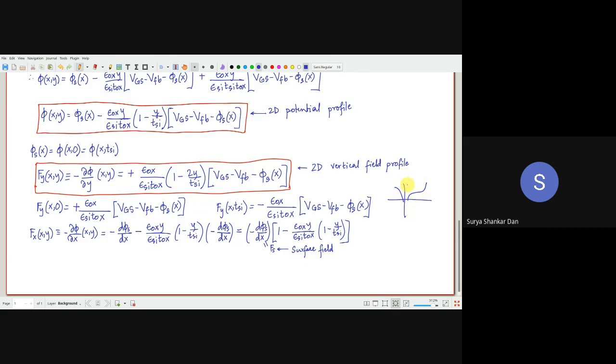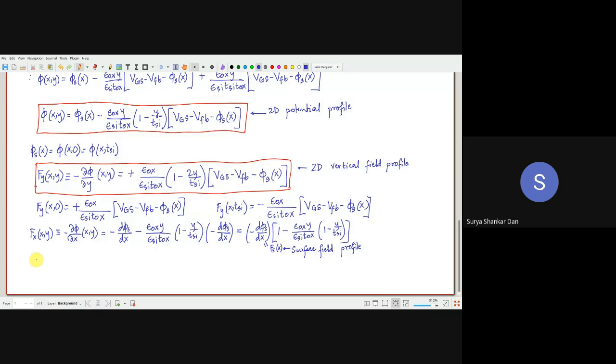In that charge modeling for the MOS capacitor, it was related to F_s. So this is a surface field profile, but remember, this is now a 1D surface field profile because this is F_s(x).